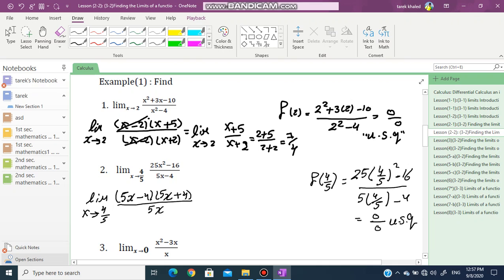And the denominator is 5x - 4, so I will cancel the numerator and the denominator. So limit x tends to 4/5 of (5x + 4) over 1, so I will cancel the 1. By substituting x = 4/5, it will be 5 times 4/5 plus 4, which will be 8.